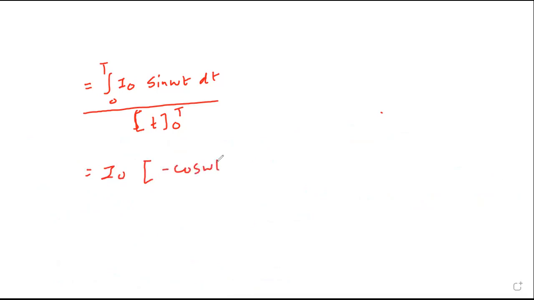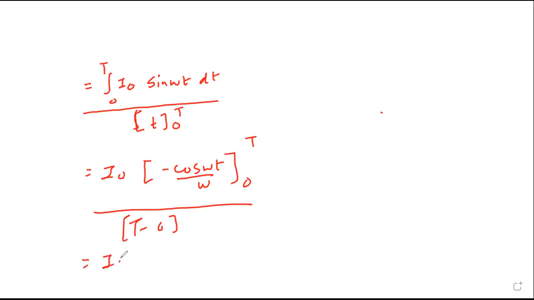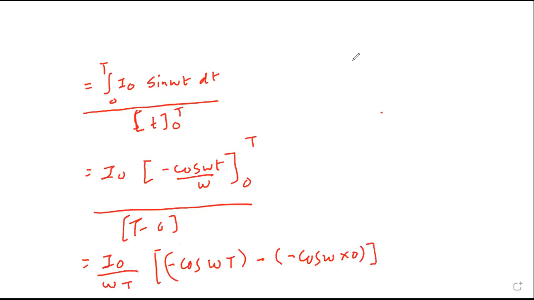Minus. So minus cos omega t upon omega from 0 to T. And this is T minus 0. So therefore I naught upon omega T, minus cos omega capital T minus of minus cos omega into 0.